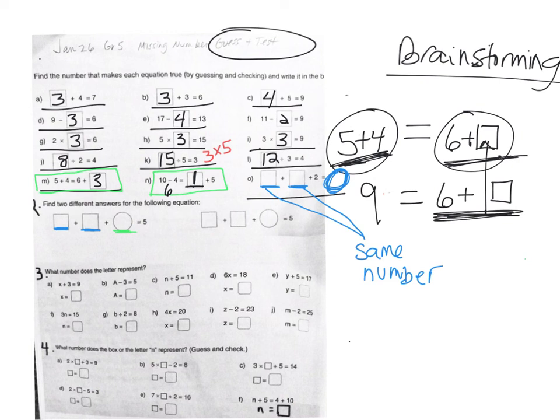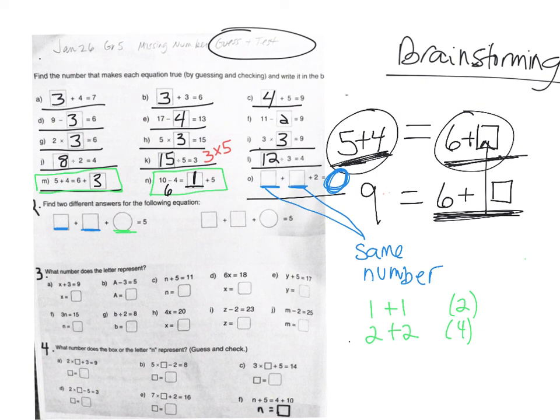So if I'm going to guess and test that, I'm going to think to myself, okay, what is a number that I can double and still be less than 5? So it could be 1 plus 1, because 1 plus 1 is 2, that's less than 5. Or it could be 2 plus 2, which is 4, that's less than 5.